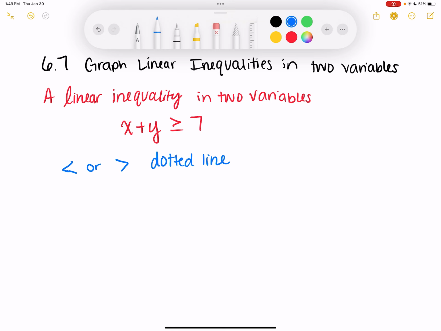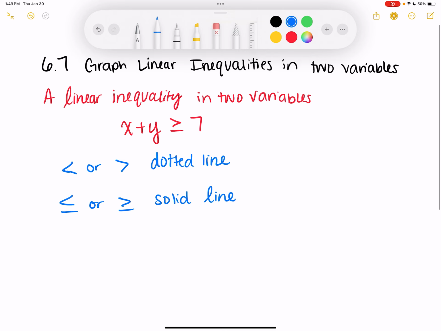So if it's less than or equal to or greater than or equal to, it is a solid line, just like your normal graphs from earlier chapters. The ones that are just less than or just greater than are going to be dotted. So when you're graphing, it'll look something like that, versus this one that's just going to be solid.